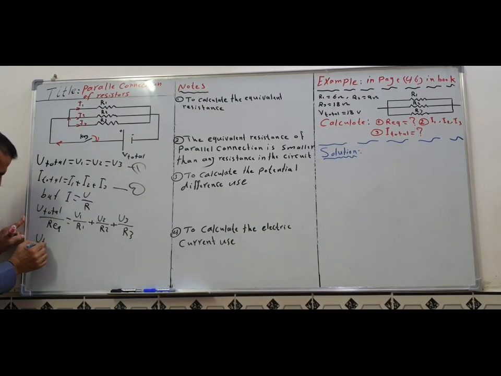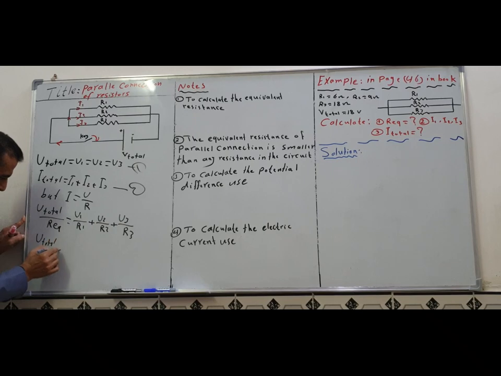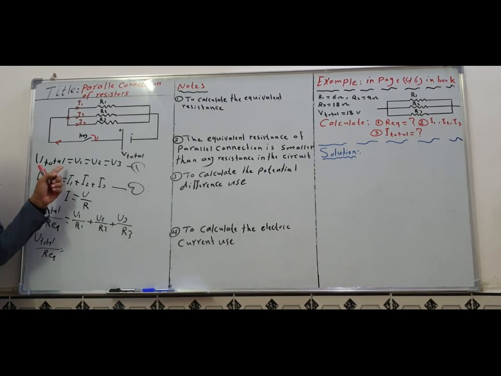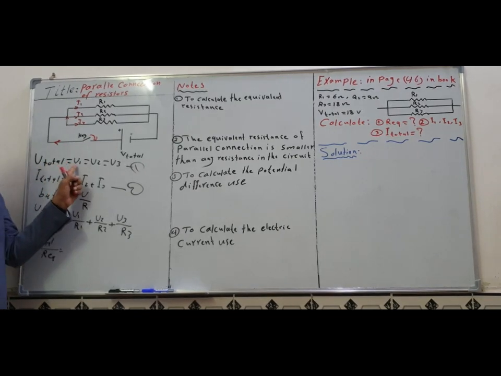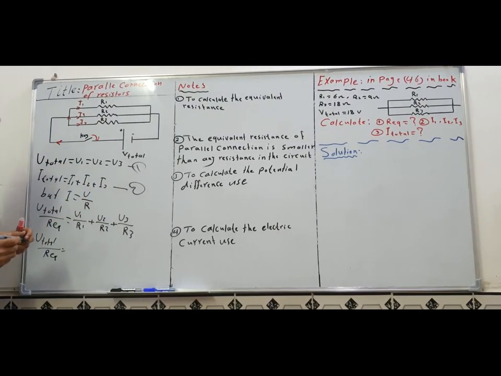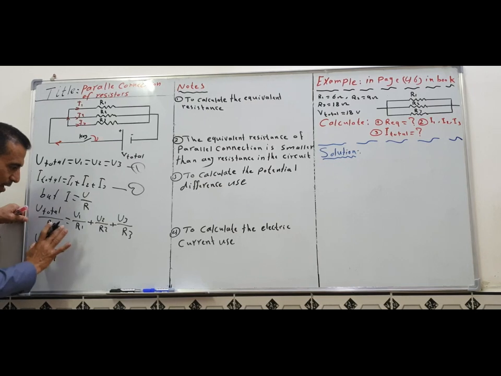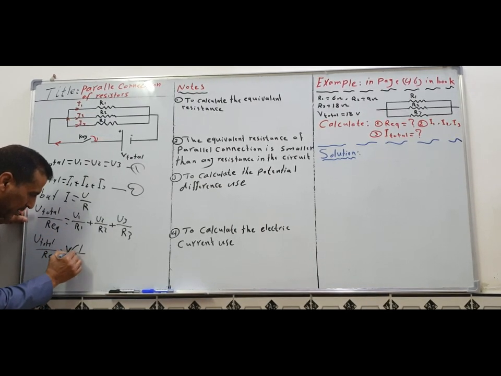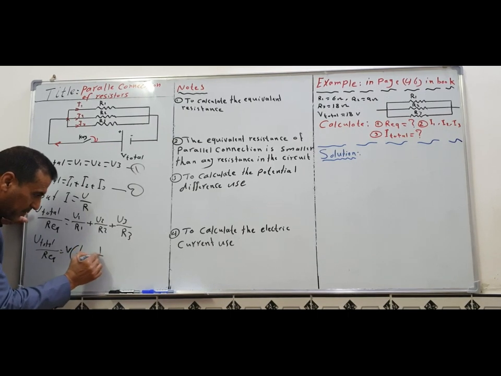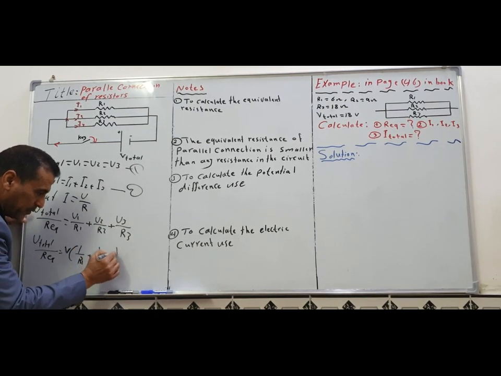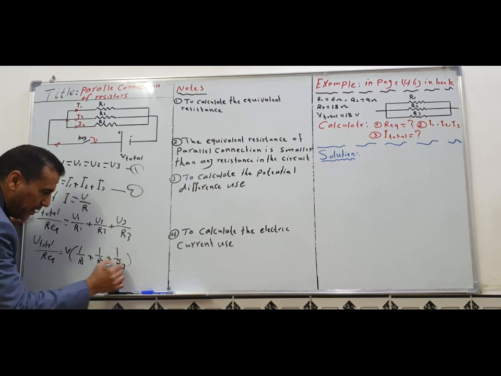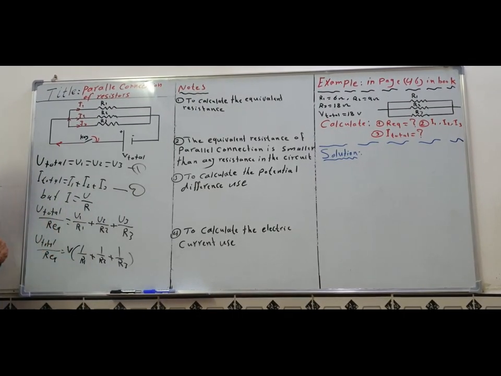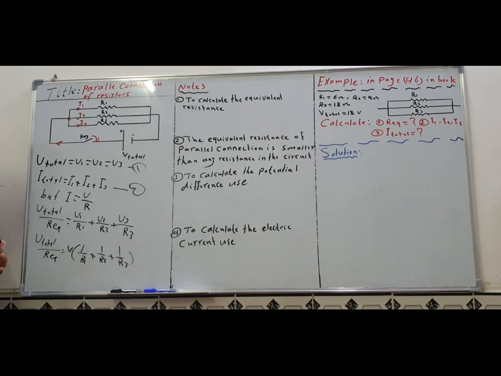V total divided by R equals, in the first equation, V total equals V1, V2, V3. Now, by taking the common factor, V1 divided by R1, R2 and R3. Divide both sides of the equation by the potential difference.